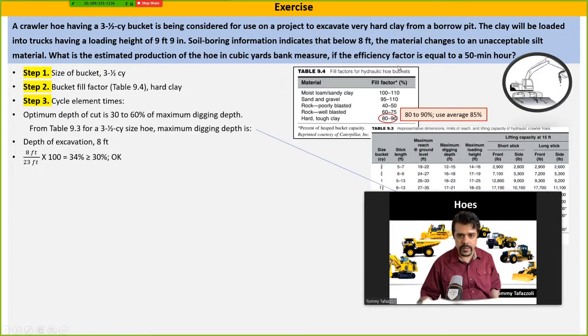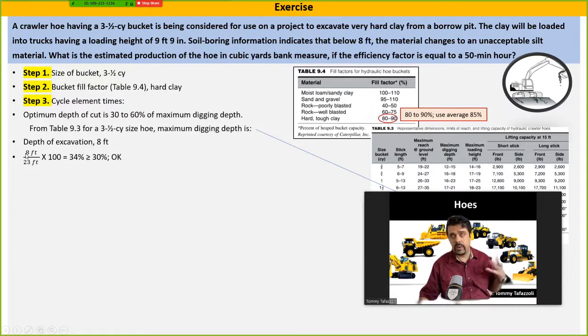Now, we should just check, so what is number 8? Number 8 is soil boring information indicates that below 8 feet, the material changes to an unacceptable silt material. So we should just make sure that it won't go below 30%.